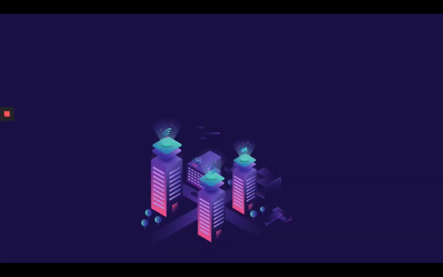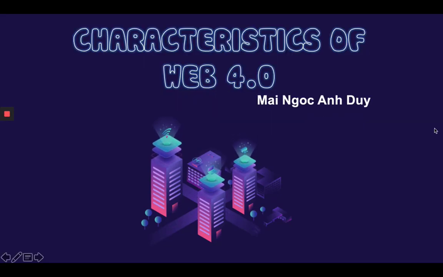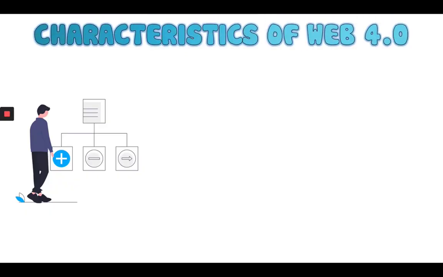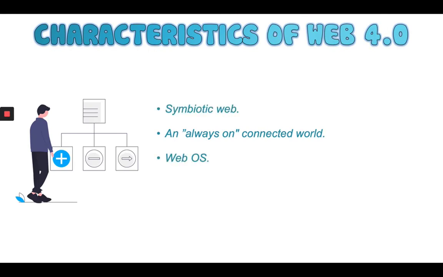Okay, so we will start. My name is Ngọc, and we will start with the characteristics of Web 4.0. We have three characteristics of this version of the web, and the first one is the symbiotic web, which is the interaction between man and machine.